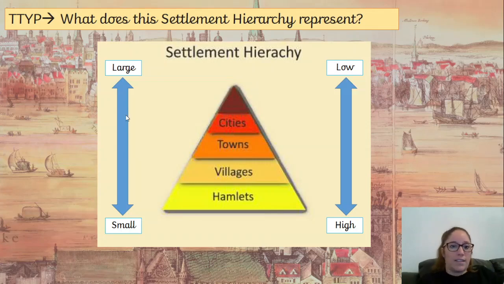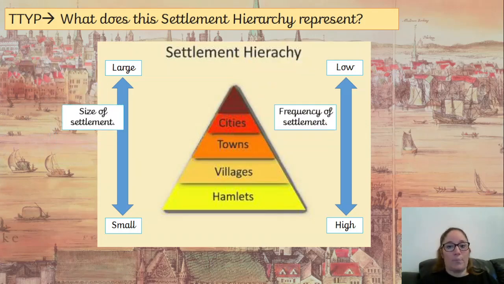Down this side here, we've got cities, towns, villages, hamlets, and we've got large to small and low to high. What do you think the large to small represents? Well, the large to small is actually the size. We know that cities are larger than hamlets. But what does the low to high mean? Some of you may remember what I said about cities: because cities are largest, there's fewer of them.